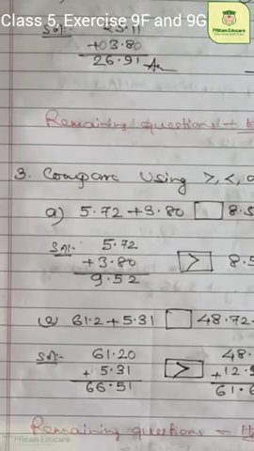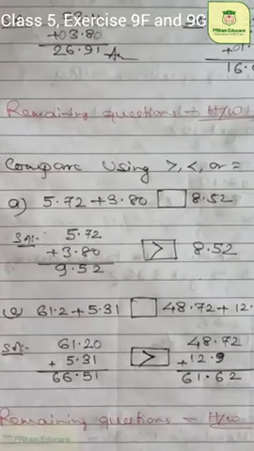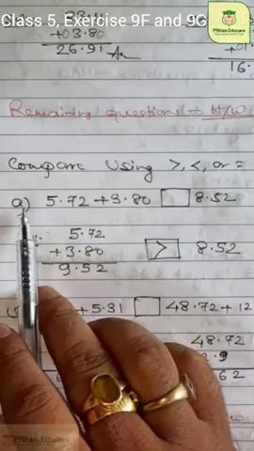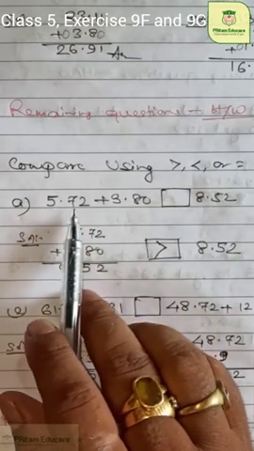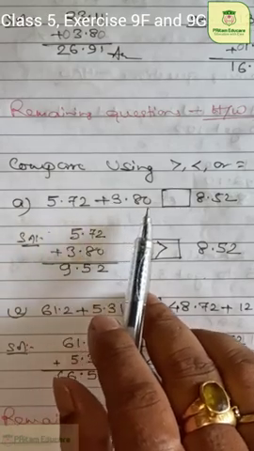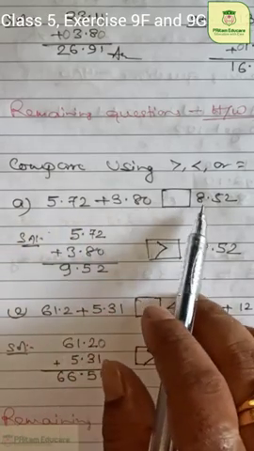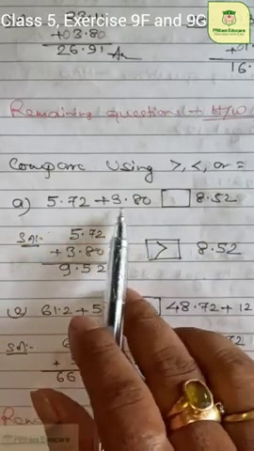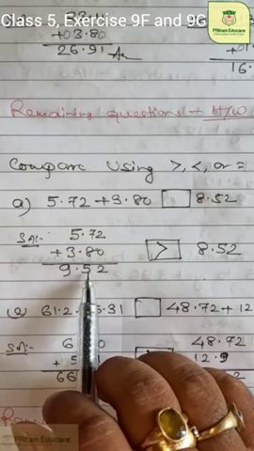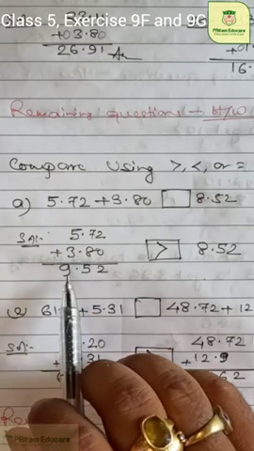Again, question number 3: compare using less than sign, greater than sign, or equal sign. A number is what? 5.72 plus 3.80, and this side given 8.52. So on adding this we get 2, 7 plus 8 is 15, 5 and 1 carry, 5 plus 3 is 8 plus 1 is 9.